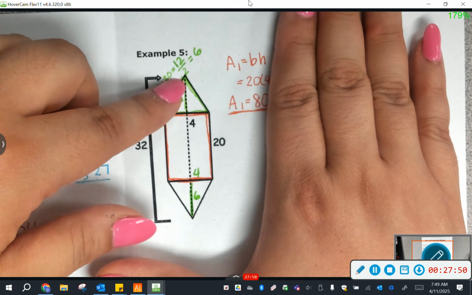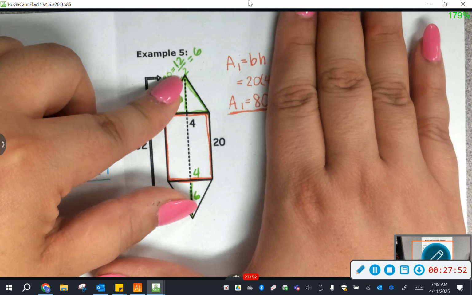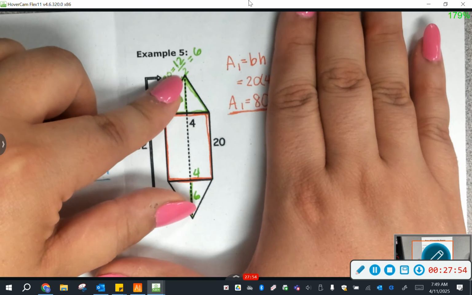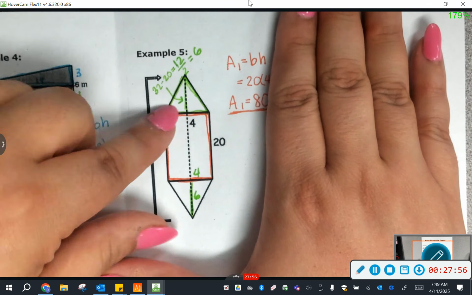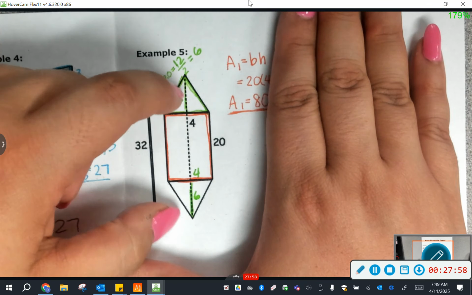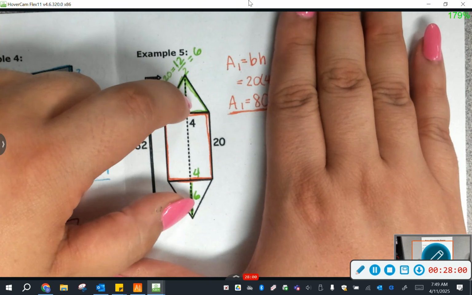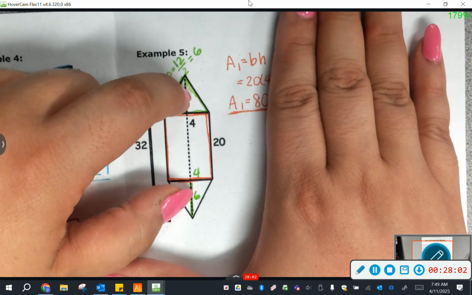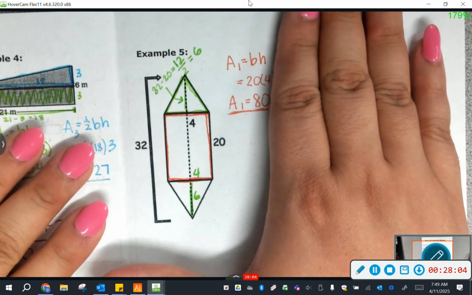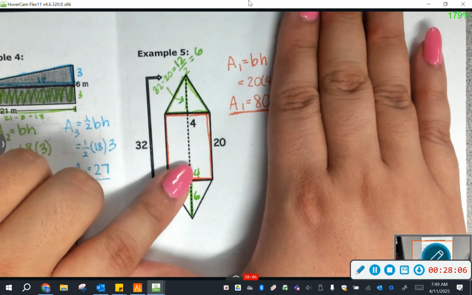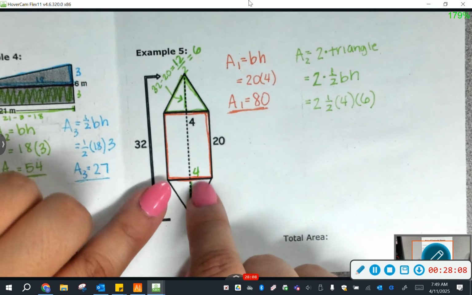But do you agree I have a triangle up top and a triangle at bottom? So what do I need to do? Divide that. I have to divide it by 2 because 12 is left over, but 6 plus 6 is 12. If you were to do 12 and 12, that would mean 24 was left over. So be careful.